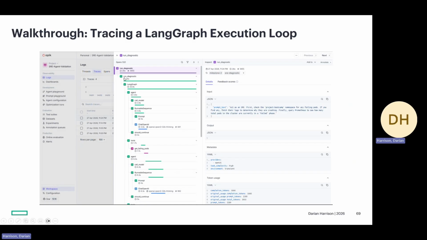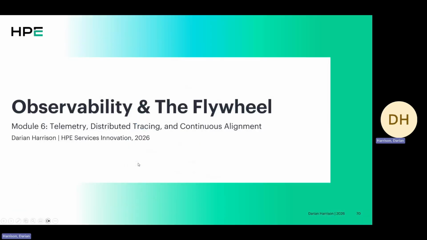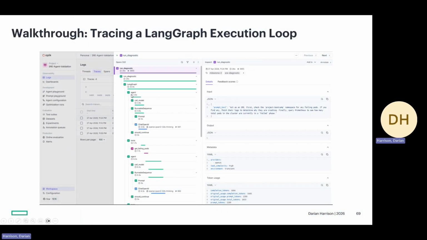In this case, the agent ran, and then there was some prompting here. There was tool calling, for example, that kubectl get pods was an MCP tool call that the agent decided to run by itself to see what pods were failing. So things like that, human interaction. This is a nice tool to use for evaluating these traces.